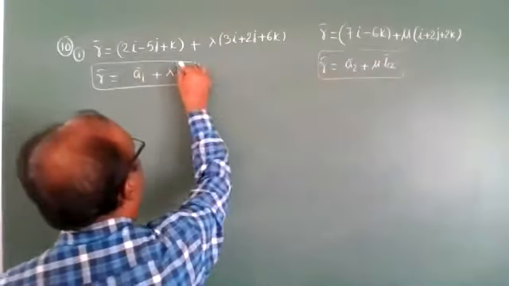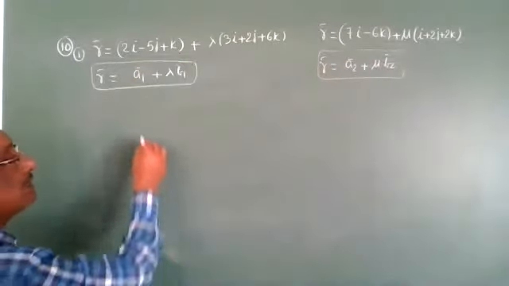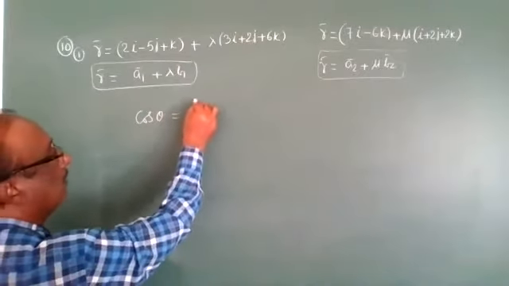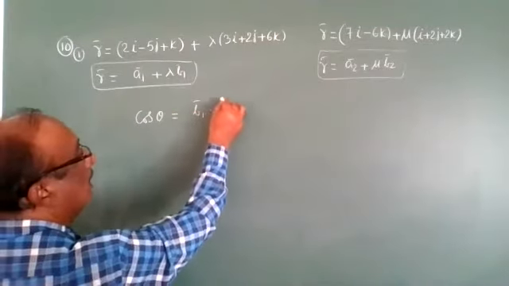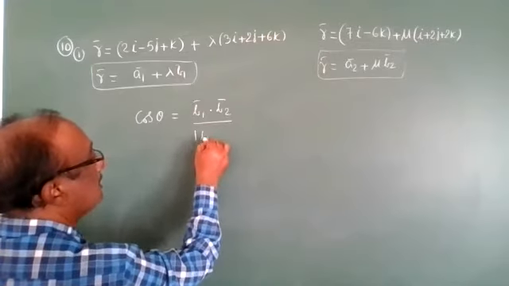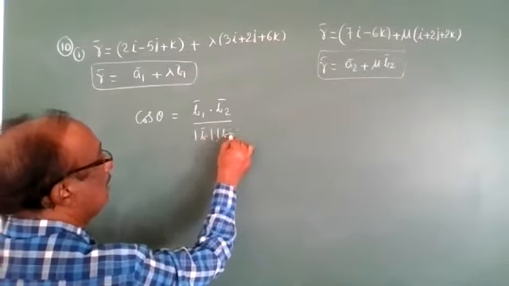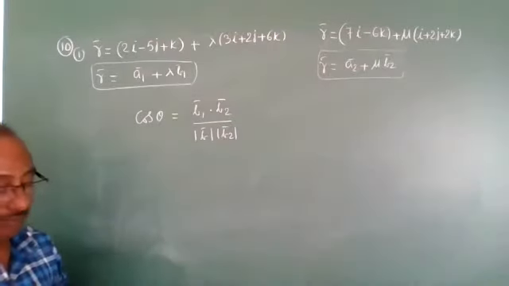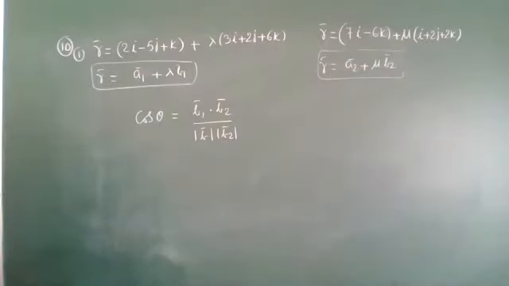So now the angle between two lines: cos theta equals b1 bar dot b2 bar by modulus of b1 bar into modulus of b2 bar. Apply this formula, we get the angle.